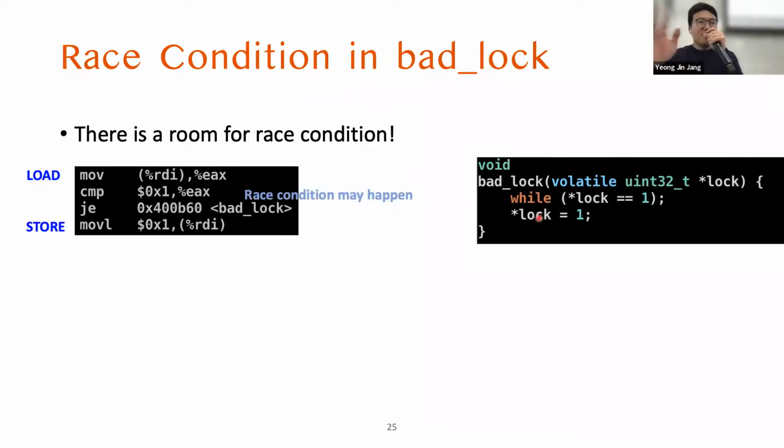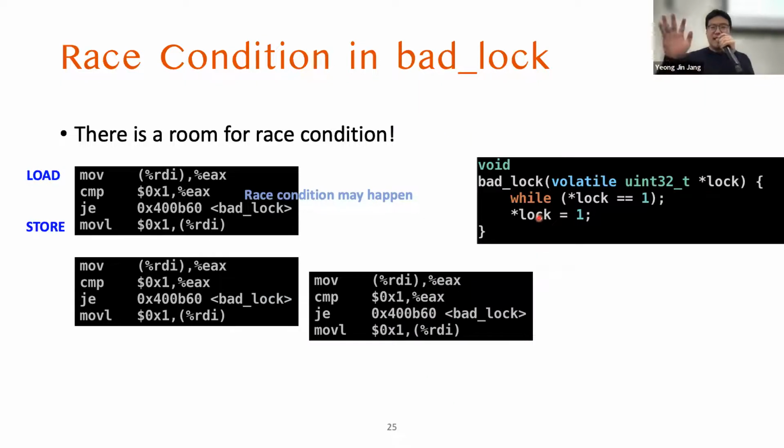So there is a chance of a race condition. Think about the case where this is thread 2 and this is thread 3. Suppose thread 1 releases the lock by setting the lock variable to 0. Then thread 2 will first observe 0, then break from the while loop.